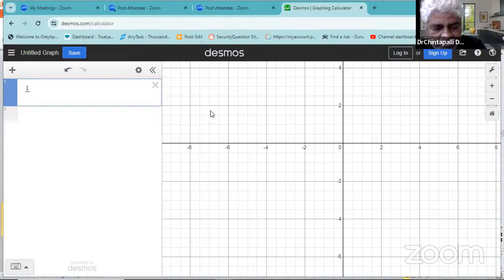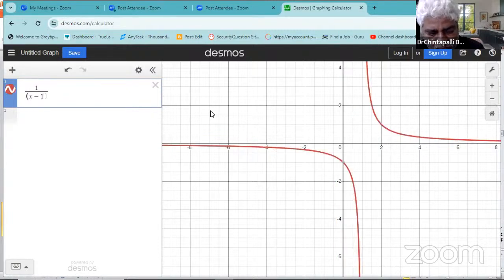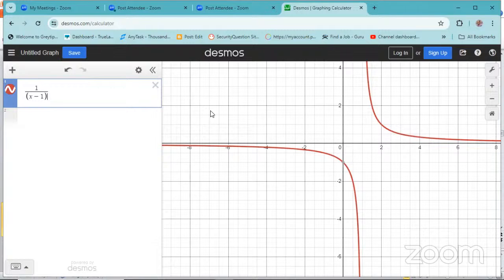Okay, let's try another: 1 over x minus 1. For this graph, it is correct. You know why? It's having the asymptote.